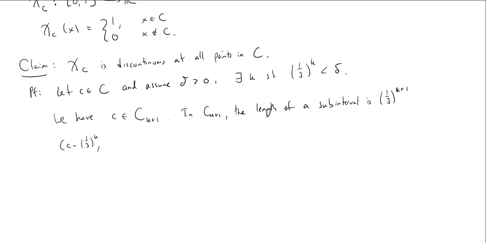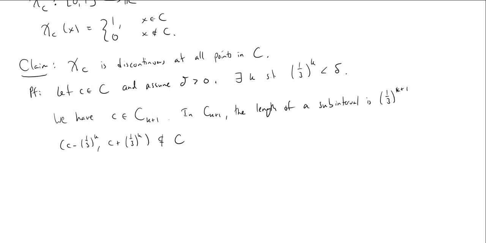So this will be (c minus 1/3 to the k, c plus 1/3 to the k). Well, if I build something this big, it will certainly be wider than an interval of length 1/3 to the k+1, which means that this cannot be contained in any particular subinterval. Of course, if you aren't contained in one of these subintervals, you must contain stuff outside of the Cantor set. So this implies that this interval is not contained in the Cantor set.